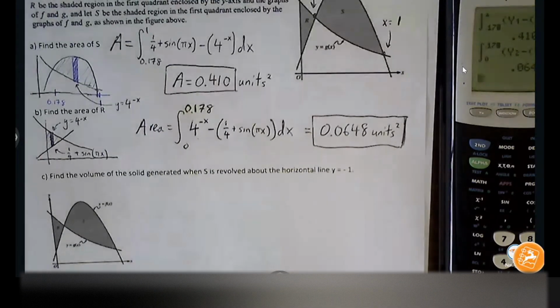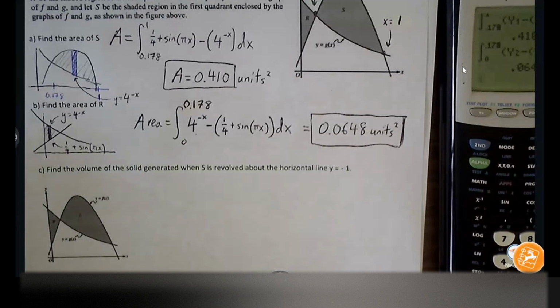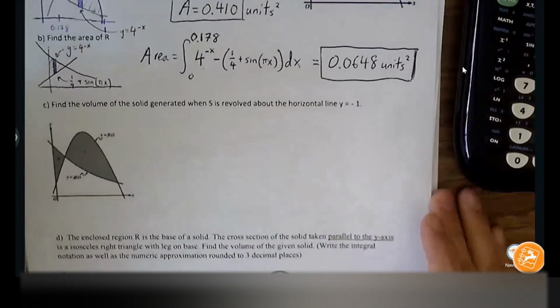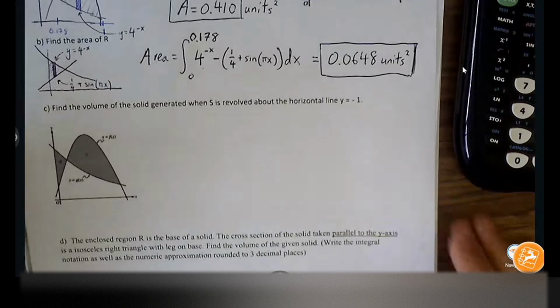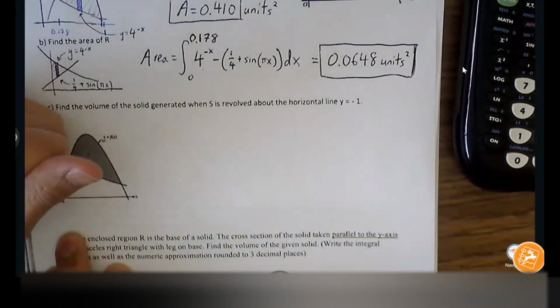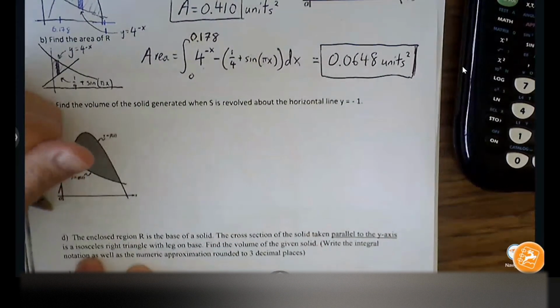Yeah. Okay. All right, part C, find the volume of the region when S is revolved around the horizontal line y equals -1. So y equals -1 is going to be down here, right? So that's going to be here.